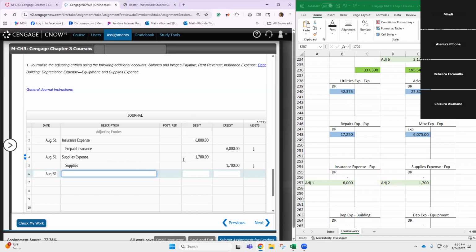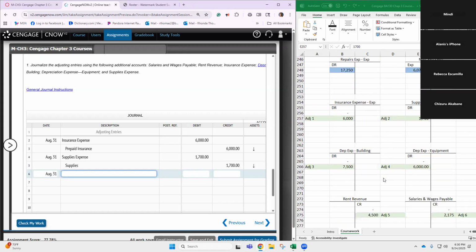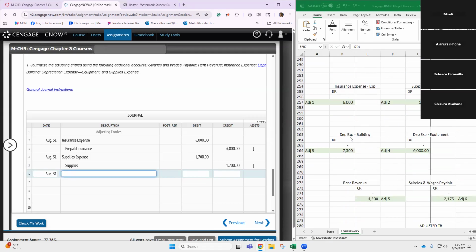The third and the fourth one will be very similar. One is depreciation on the building and one is depreciation on equipment. Let's do one at a time. So we don't have to figure out the number. They're giving it to us. So depreciation for the building. Go to depreciation expense building. This is going to be your adjustment 3.